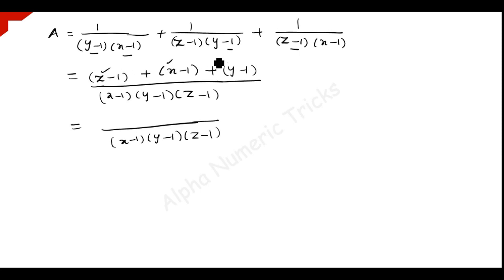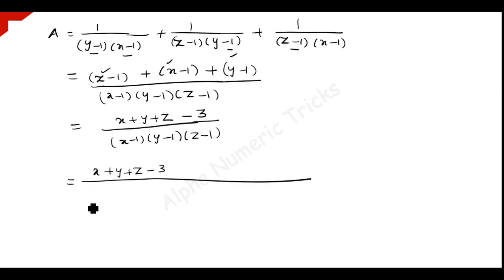In the numerator you have x plus y plus z, minus 1 minus 1 minus 1. It becomes minus 3. Next we have to multiply the denominator. You multiply x with these two terms and minus 1 with these two terms.